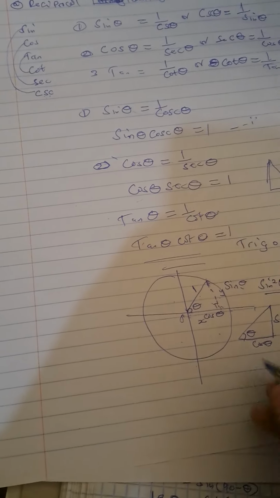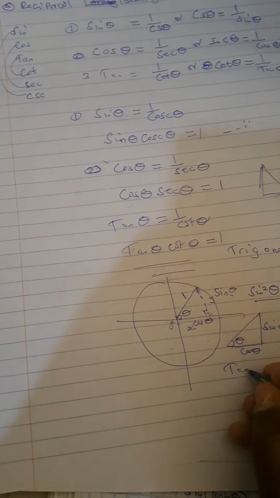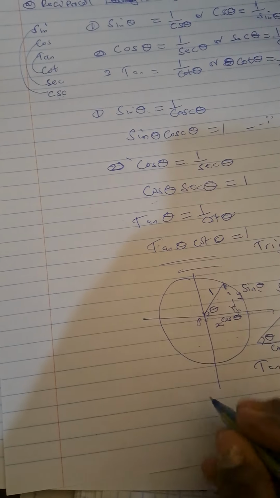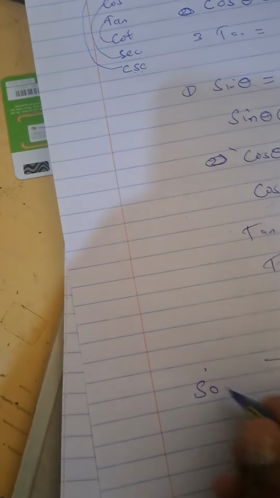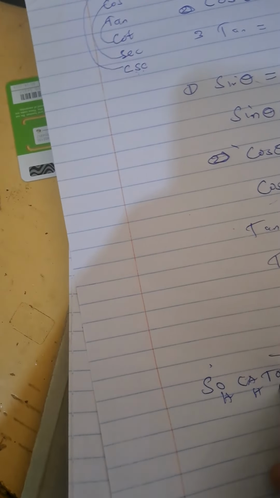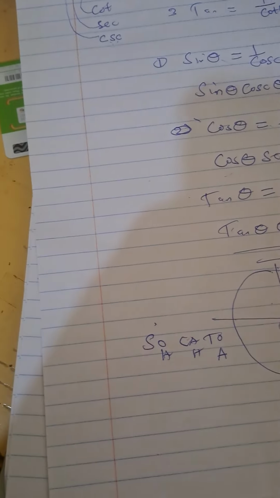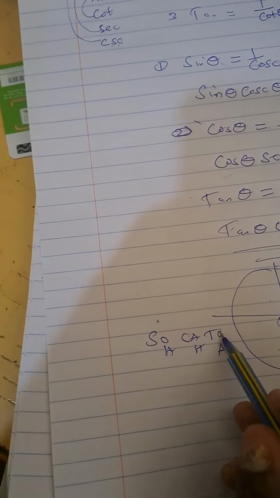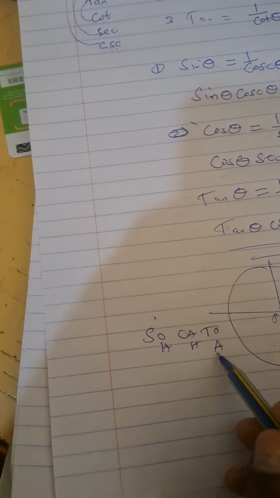For us to get tan now, tan from SOHCAHTOA. So tan is given by opposite over adjacent.